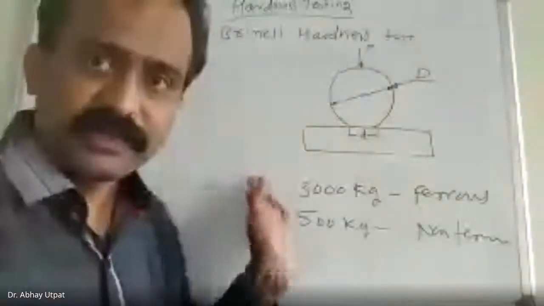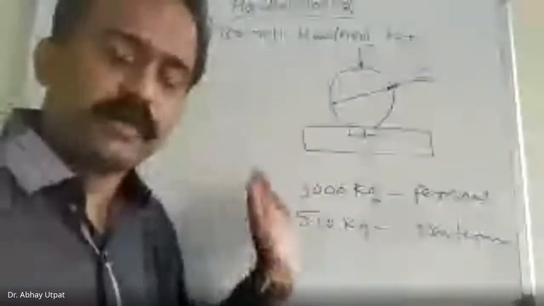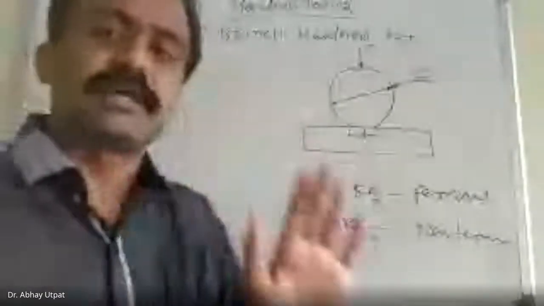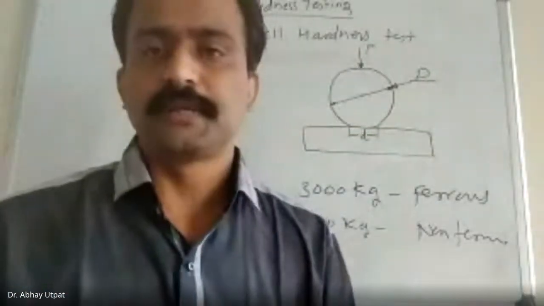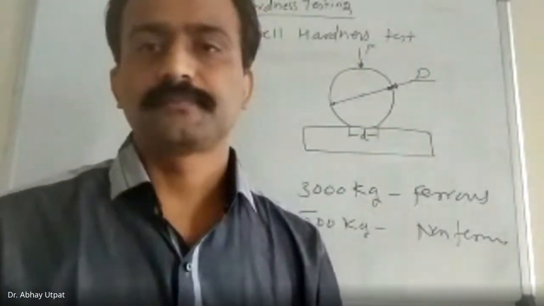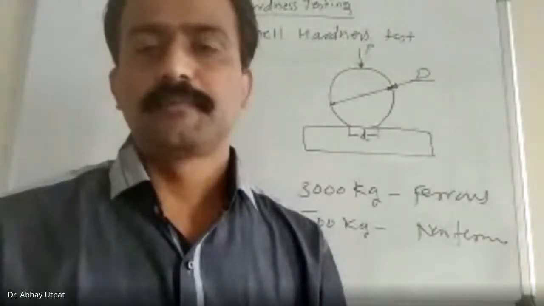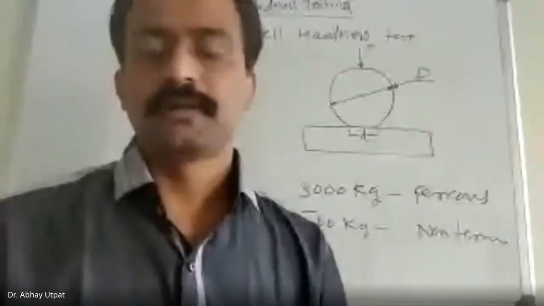Before I tell the formula of Brinell hardness, I want a logical answer from your side. Unmute, somebody's name I will take. Karuna Sarvade, please unmute. Am I audible to you, Karuna? Yes, sir.